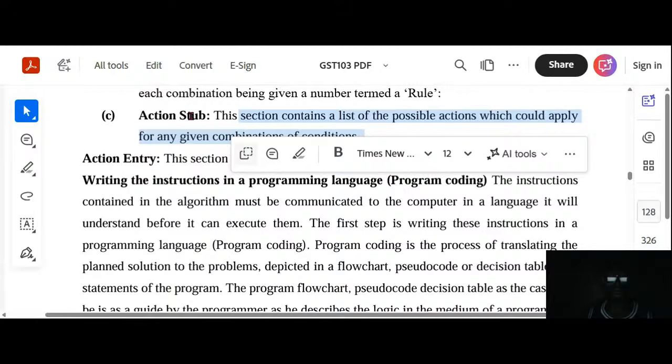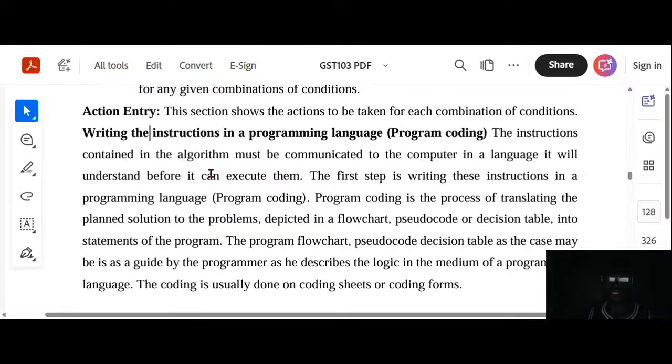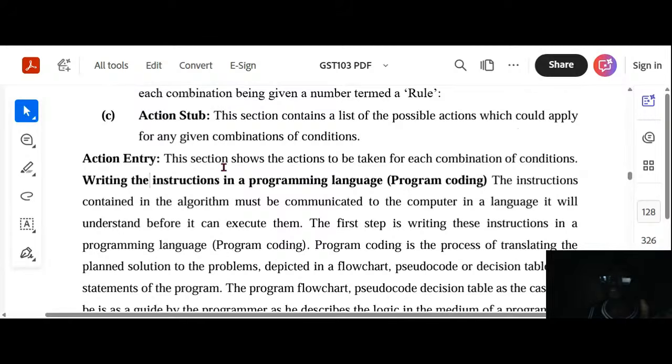Okay, so action stop. This section contains a list. Okay, we've done that, and then action entry. In other words, in a decision table, which is used for analysis, we have 4 sections. We have the condition stop, condition entry, action stop, action entry.